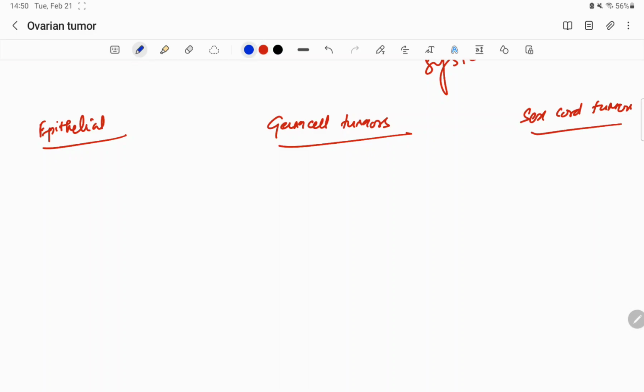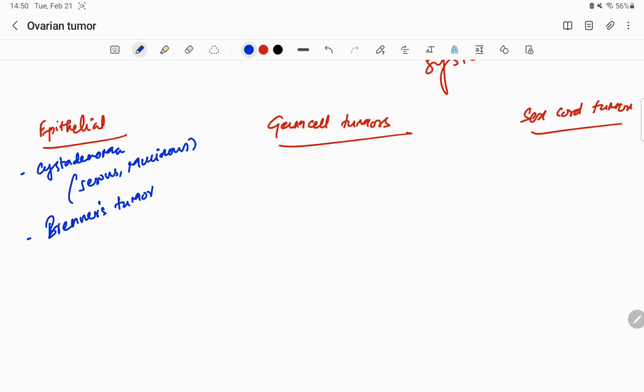So in epithelial you have subtypes such as cystadenoma, which is serous and mucinous, and you have Brenner's tumor, and then you have endometrioid tumor.